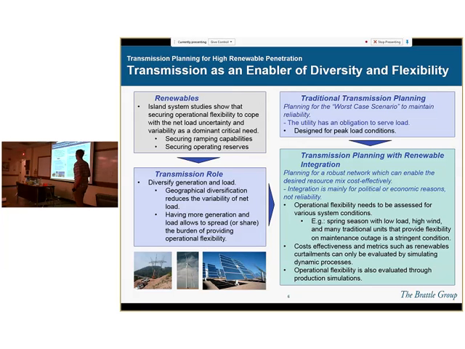So one thing to look to, to understand the importance of flexibility requirements in integrating renewables, is island studies, because these are small systems that have been built out with renewables that represent a significant proportion of the total generation.